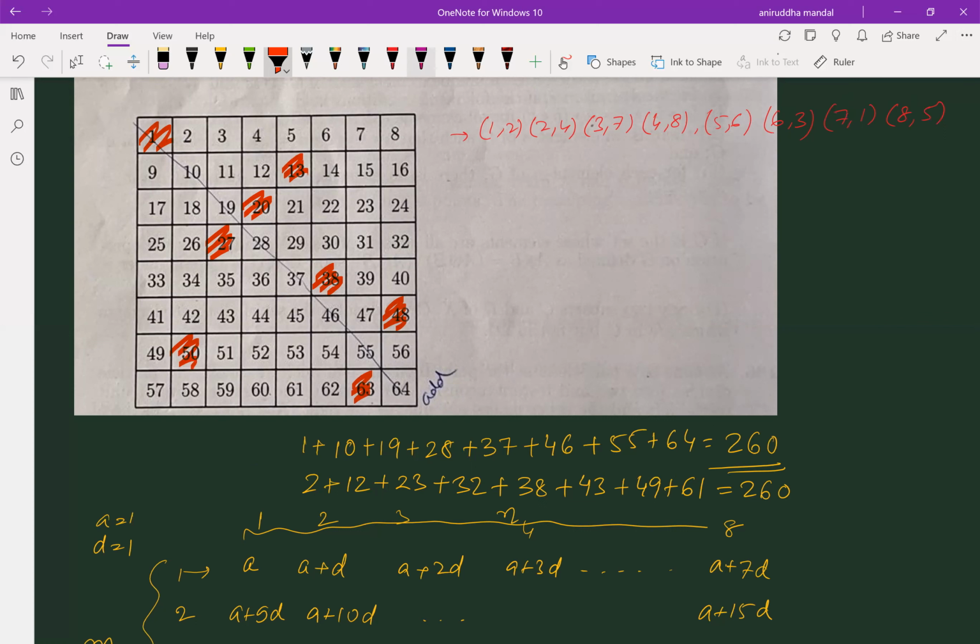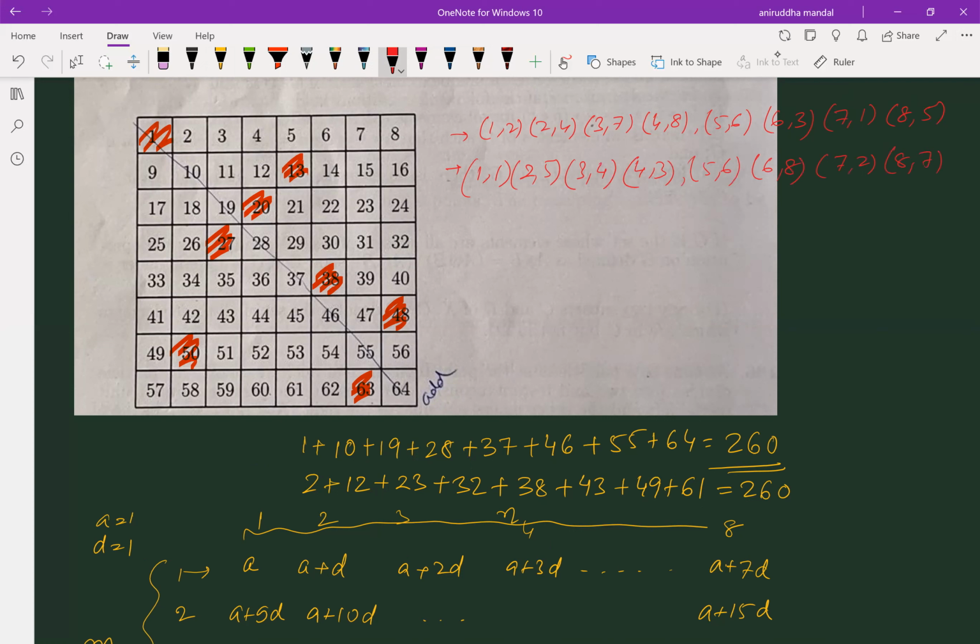So another example is 1 1, then this is 2 5, then this is 3 4, then this is 4 3, then this is 5 6, then 6 8, then 7 2, and last is 8 7.